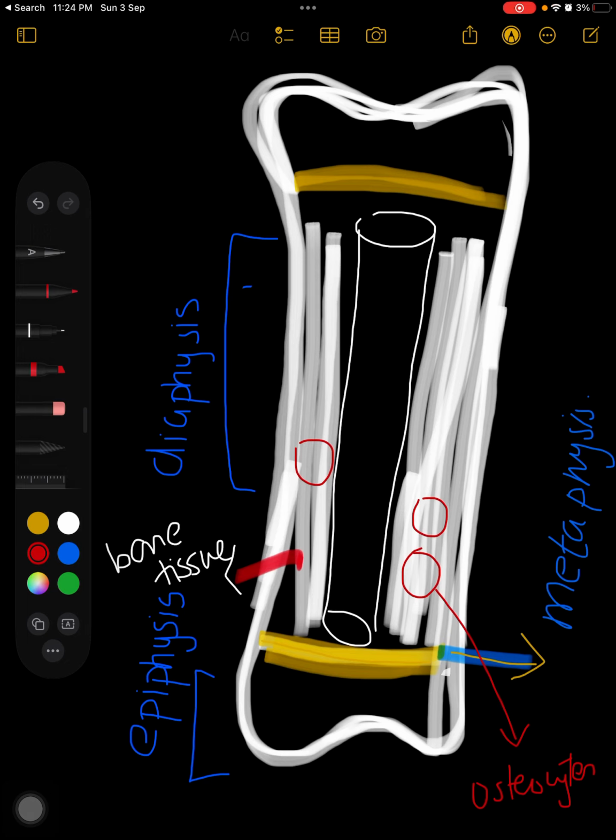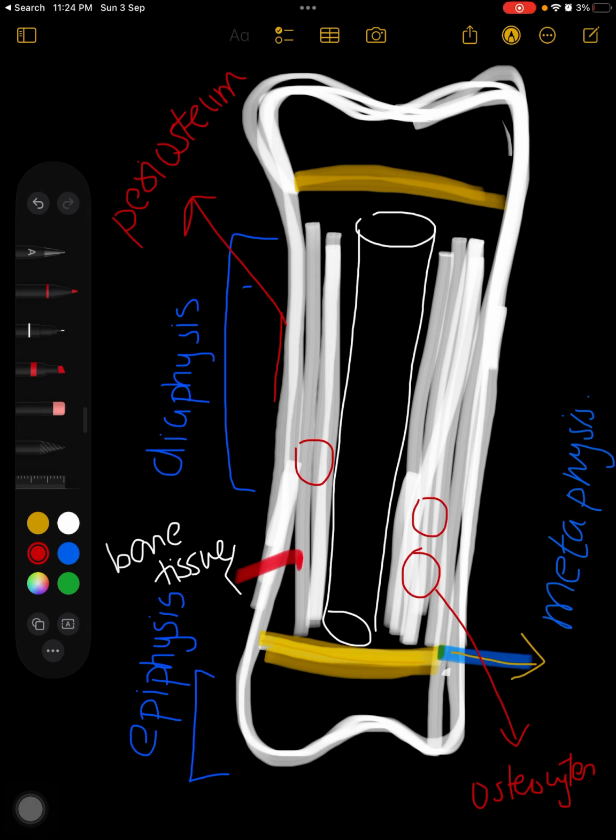Now the covering of the bone is made up of connective tissue, and that external covering is known as periosteum.